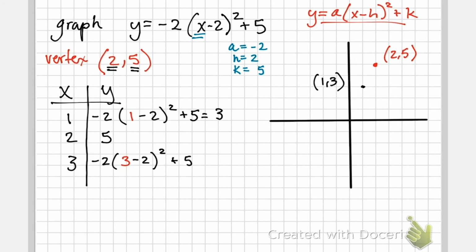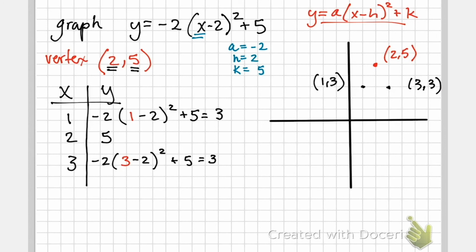Well, 3 minus 2 is 1. 1 squared is 1. -2 times 1 is -2. -2 plus 5 is 3. This is not a coincidence. This is how it should work out almost every time. So 3, 3 is right here. If I can get it. There we go.